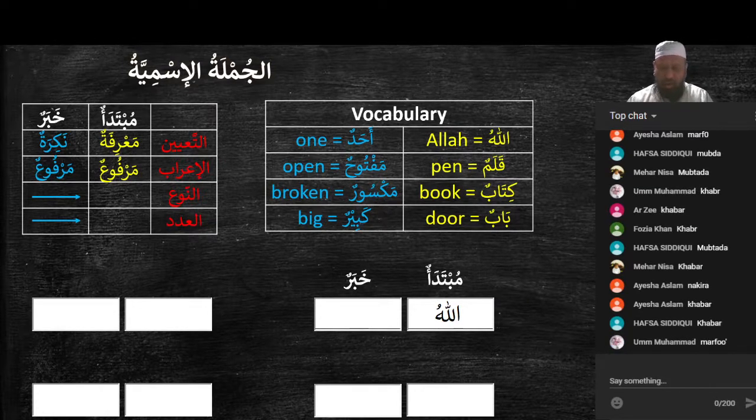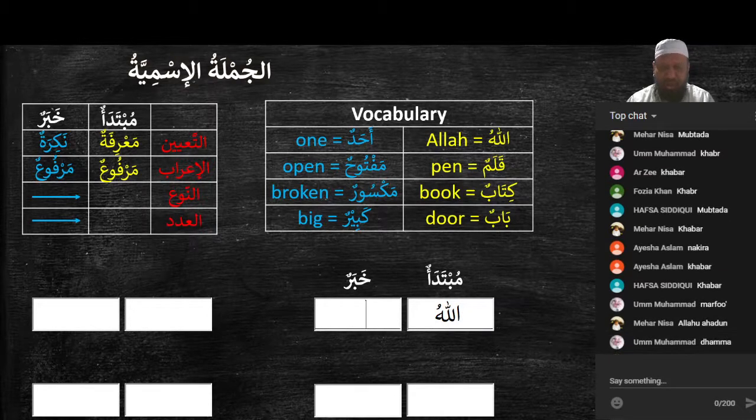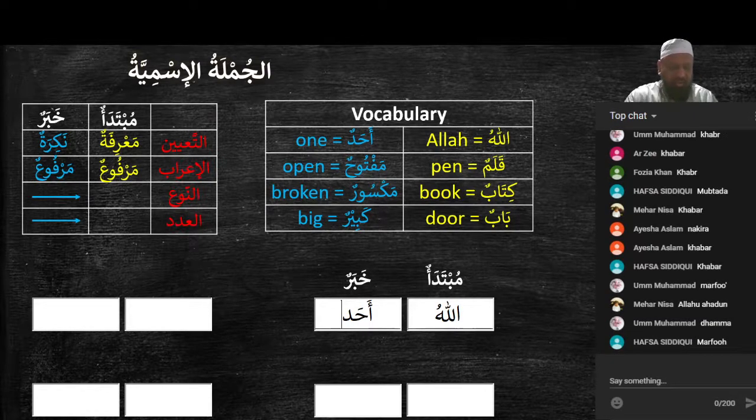We have Allahu. Our next part, which is khabar, we're going to take one word from the left hand side, which is in blue color. Let's take the word ahadun. We have ahad. Apply the rule of ta'yin. It is nakira. So how do you make a nakira? Tanwin. The i'rab, khabar is marfu.